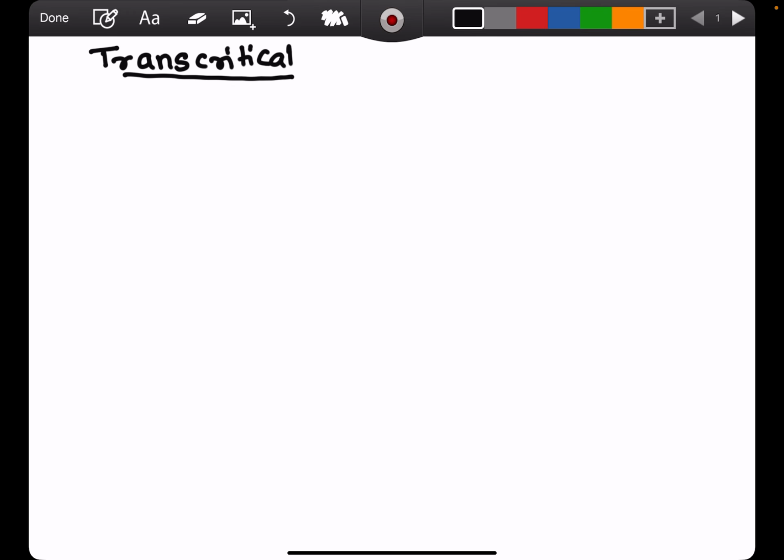The operating conditions are like you have the evaporator at 30 bar, and you have the gas cooler at say 90 bar.